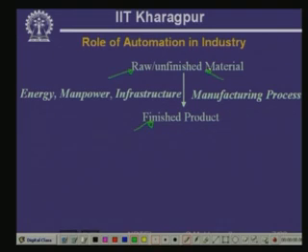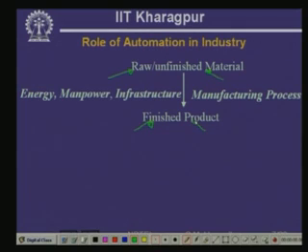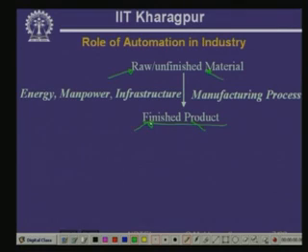On the other hand, it could also start with some unfinished material. When you build a car, you actually buy lots of parts which are manufactured in other factories, and you put them together to build the car. So, you could either start from a raw material, or from some unfinished material and then finally land up on a finished product. This is the essential function of any factory.